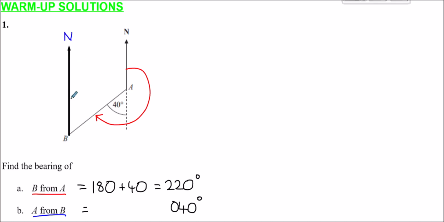So A from B, we start at B, go clockwise until we're facing A. And as you can see here, using the idea of Z angles, because this is 40, the angle with the vertical, this as well should also be 40. But of course, just take a bit of care, because when you talk about bearings, you can't put the bearing as 40 degrees. Bearings are, by definition, 3 digits, so the bearing would be 040.